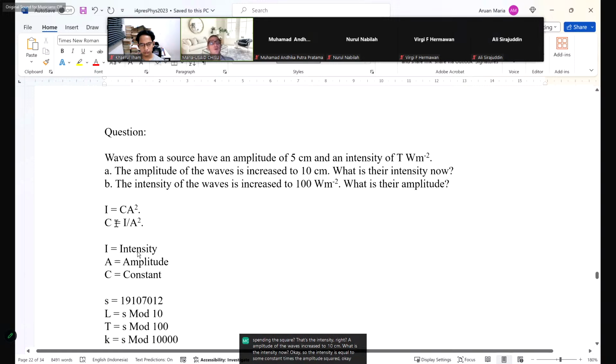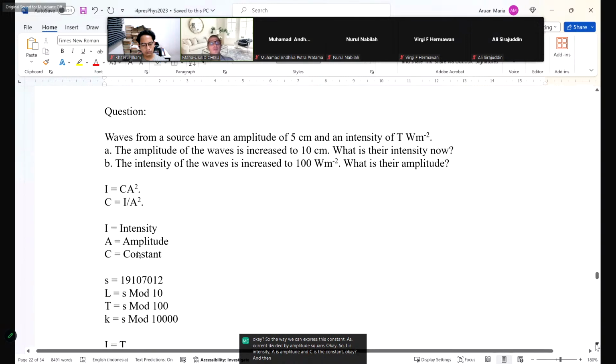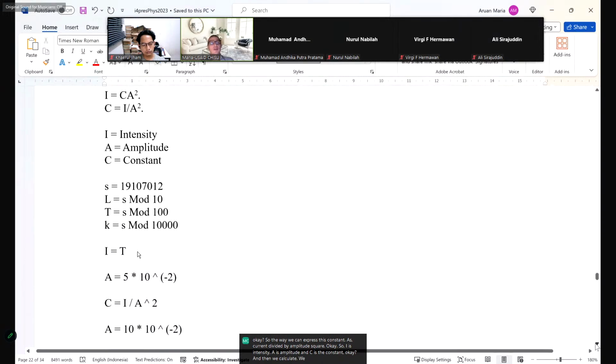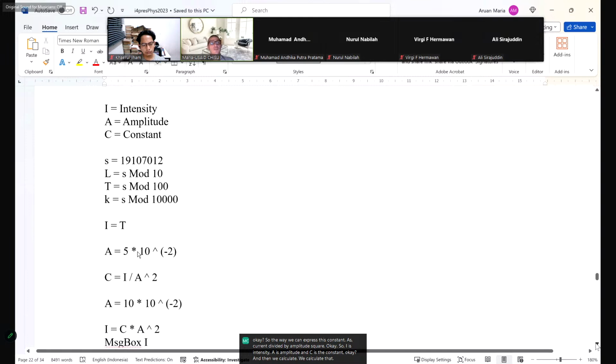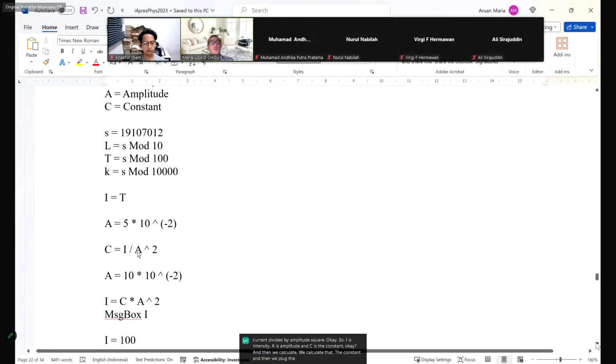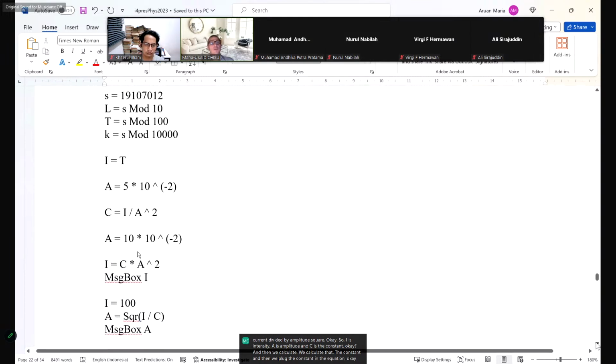So we can express this constant as intensity divided by amplitude squared, where I is intensity, A is amplitude, and C is the constant. And then we calculate the constant, and then we plug the constant into the equation. So the intensity will be the constant, which we calculated, times the amplitude squared.